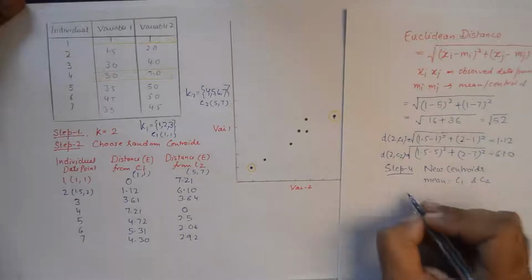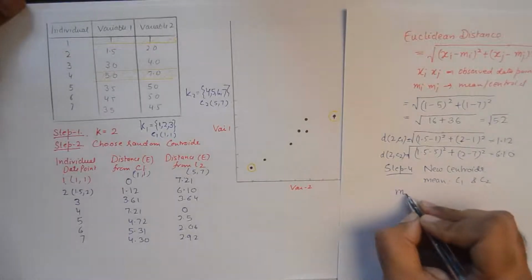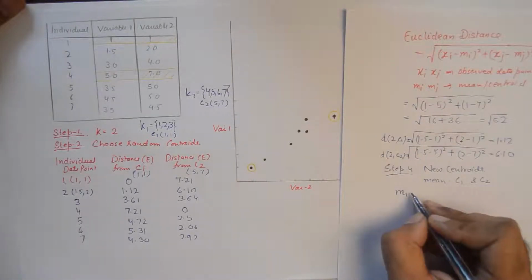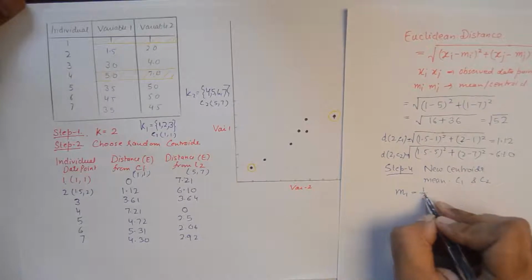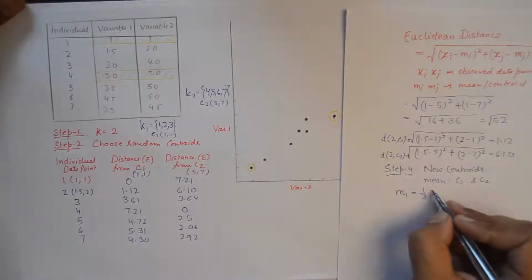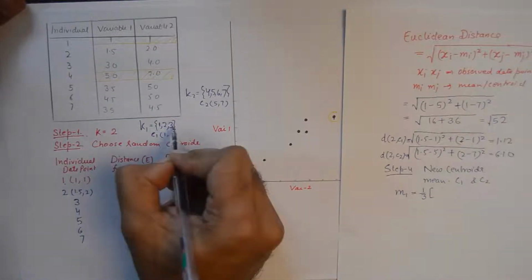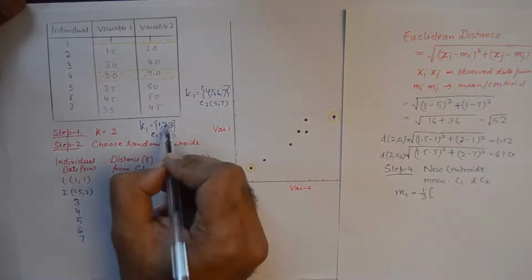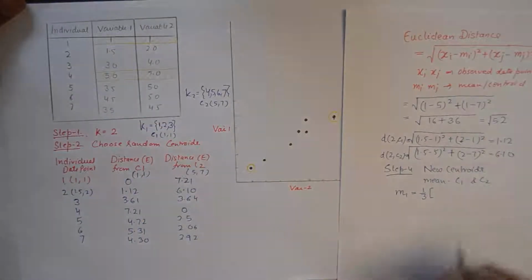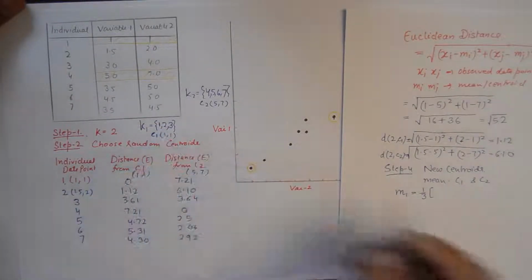So how do you calculate that? The new centroid M1 will be 1 by 3 of the data points. Let's talk about the data. 1, 2 and 3 are the participants' data points of cluster 1. Cluster 1 consists of 1, 2 and 3.